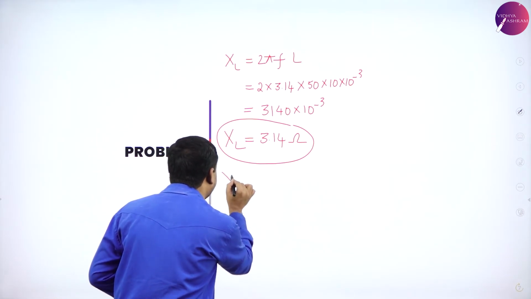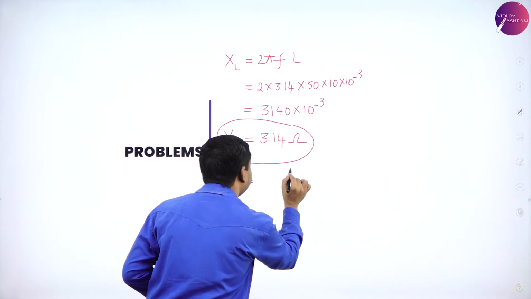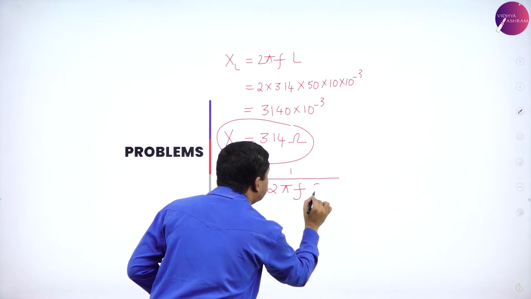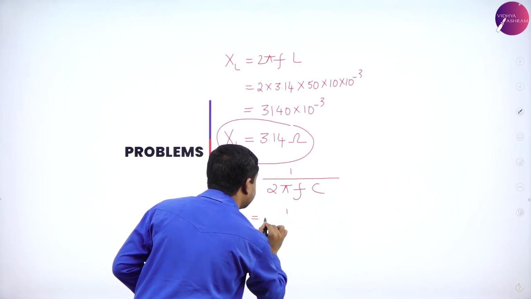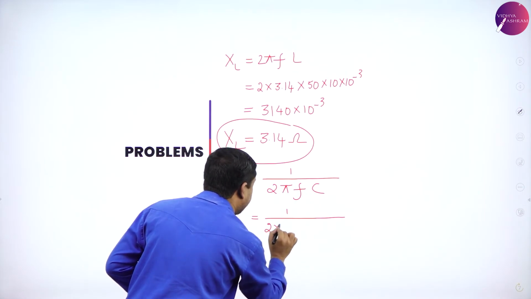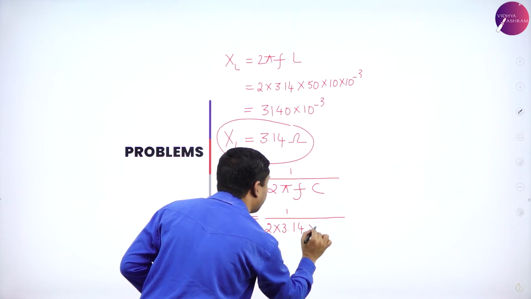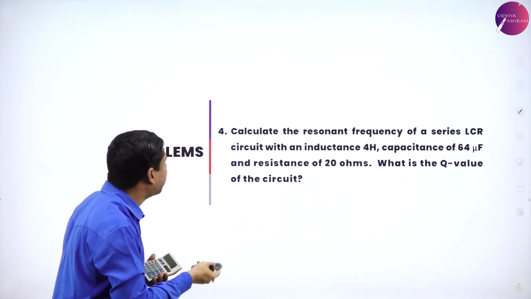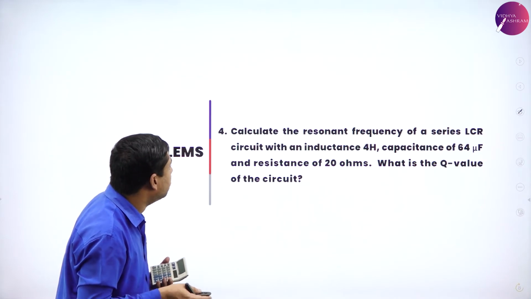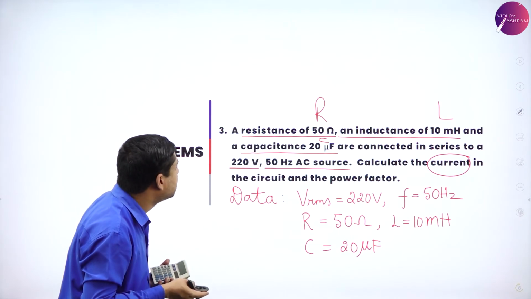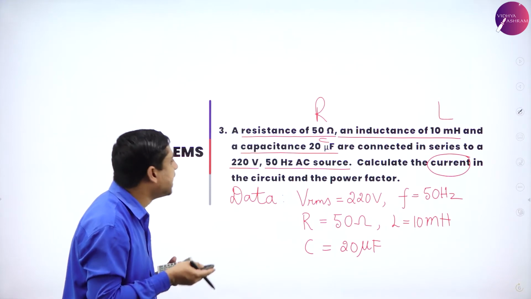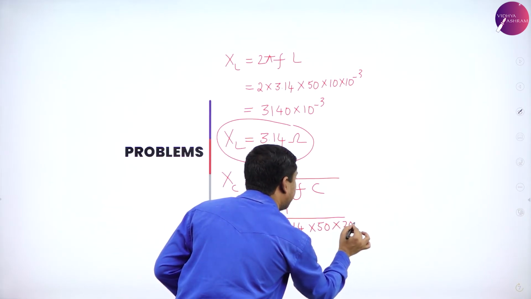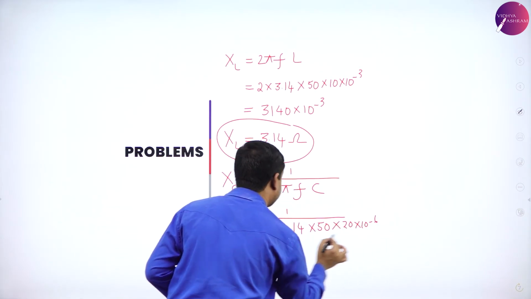Next, I will calculate XC, which is 1 by 2 pi FC. This is 1 by 2 into 3.14 into 50 into the value of capacitance, which is 20 microfarad. So 20 into 10 power minus 6.